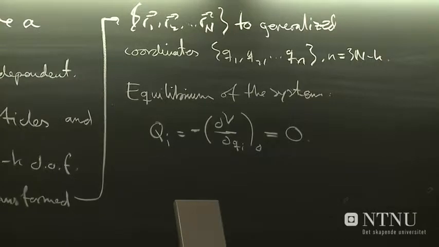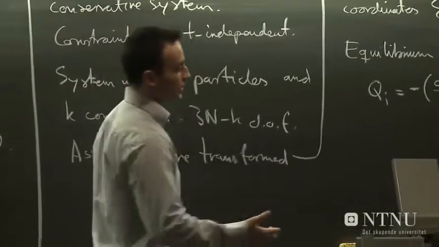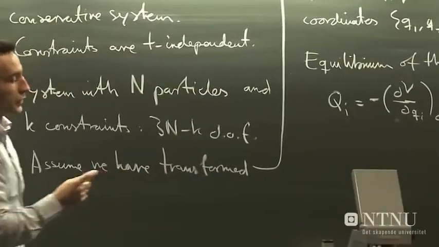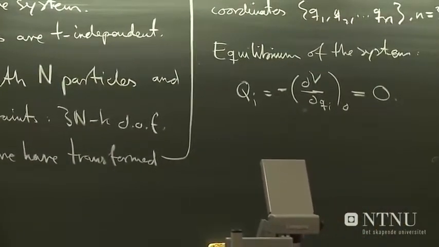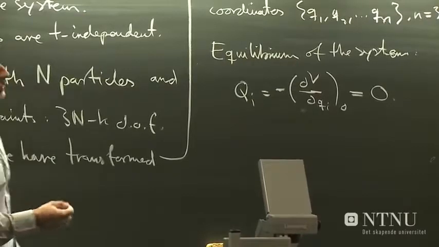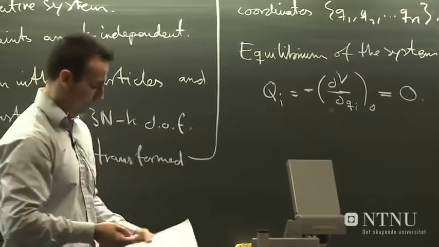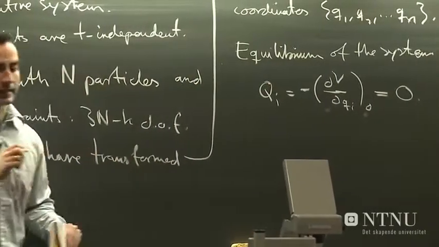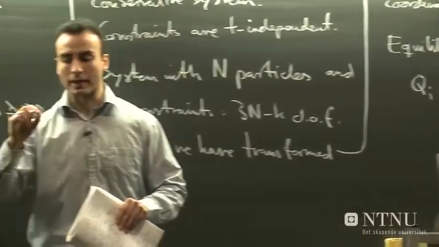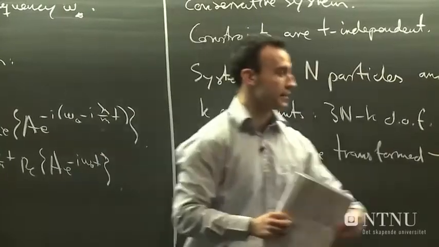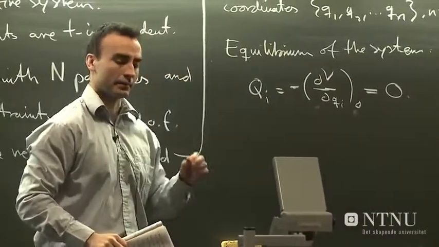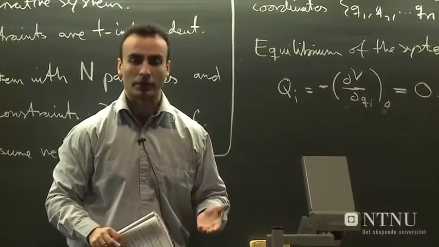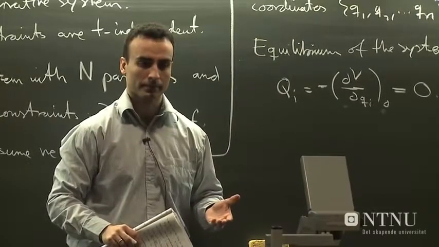The generalized force acting on each particle i, which is provided like this, the partial derivative of the potential with respect to the generalized coordinate qi, should be equal to 0 in the equilibrium state. And this 0 here indicates that we have to evaluate this derivative at the generalized coordinate value of the equilibrium state. You see what I mean?